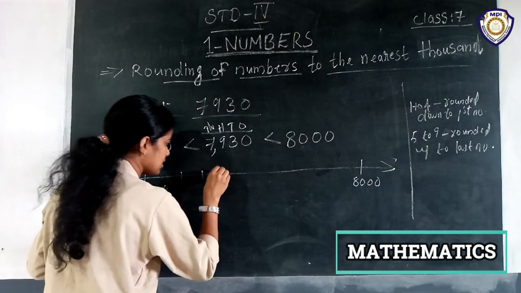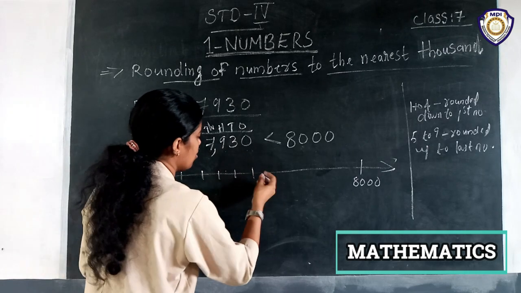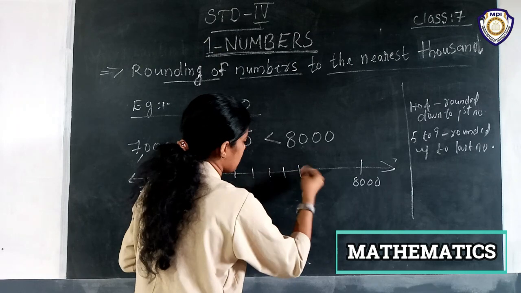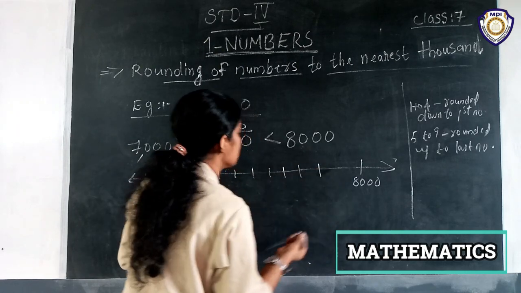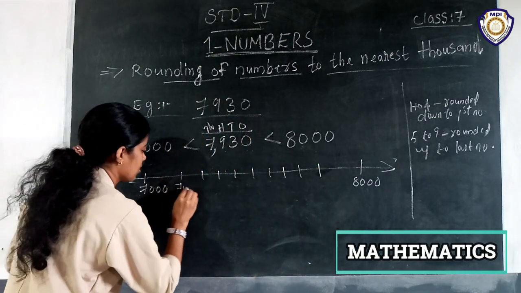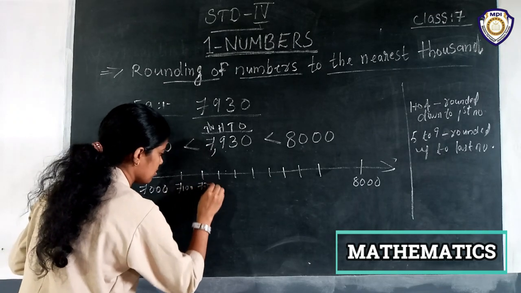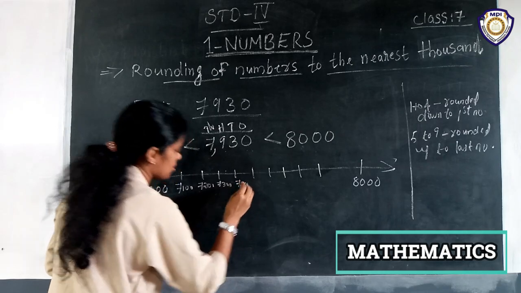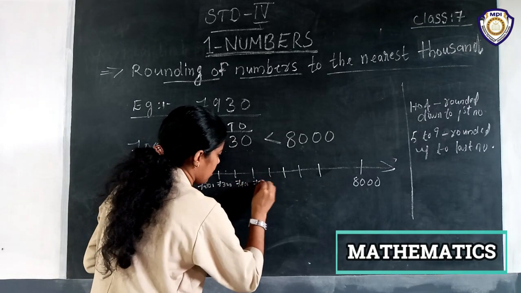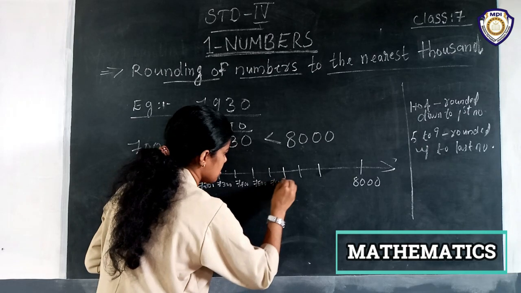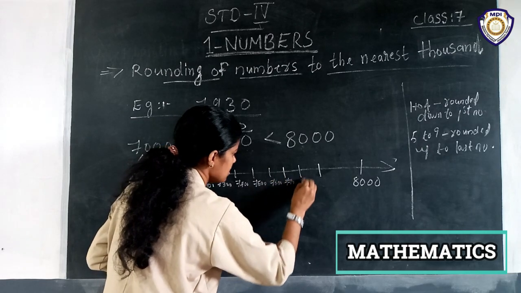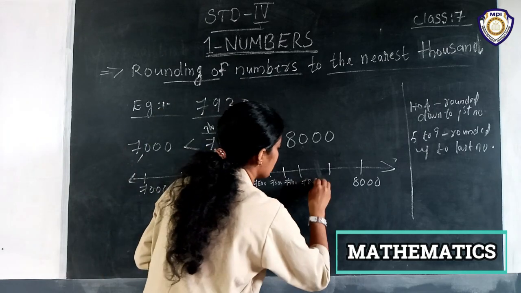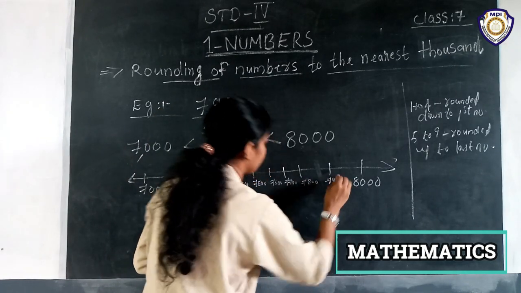7100, 7200, 7300, 7400, 7500, 7600, 7700, 7800 and 7900.